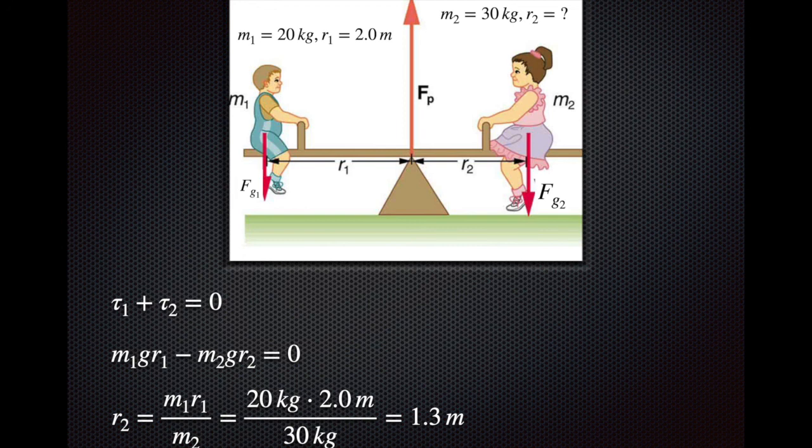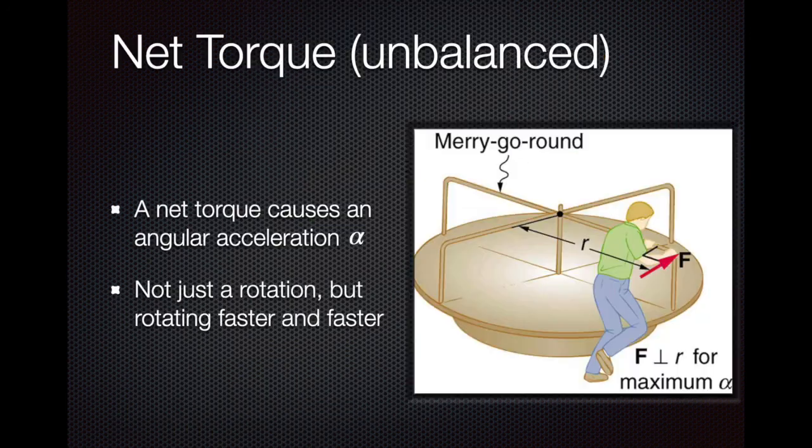So if the heavier child sat farther away, it would start rotating in the clockwise direction. Now, as we'll look at in later examples, if you have a net torque that's unbalanced, it's going to cause an angular acceleration. And for angular acceleration, we call that alpha.